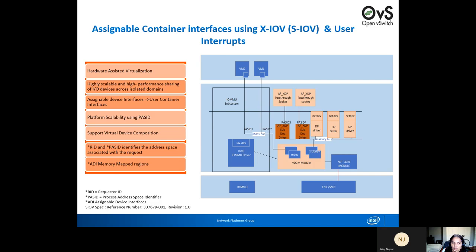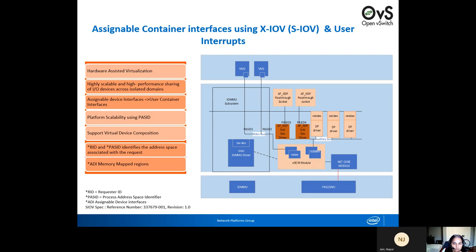And then the last element of the solution is being able to provide container interfaces in user space, and that can be achieved by enhancing AFXDP raw socket to have a newer memory model for pass-through. Once again, all of this depends on thousands of hardware queues that are provided by present FNICs and SNICs.